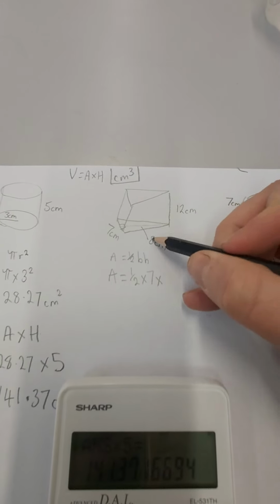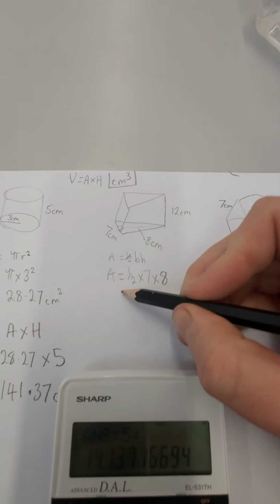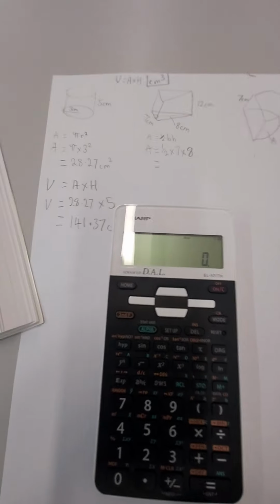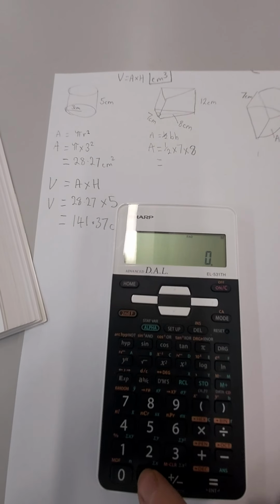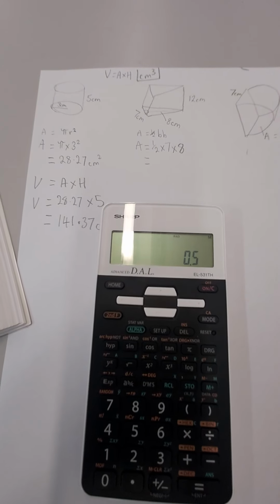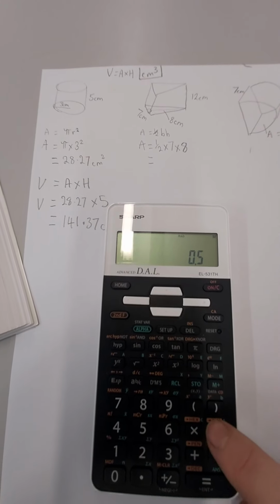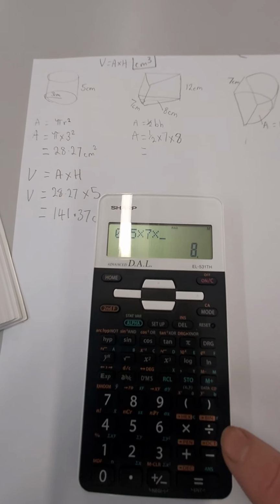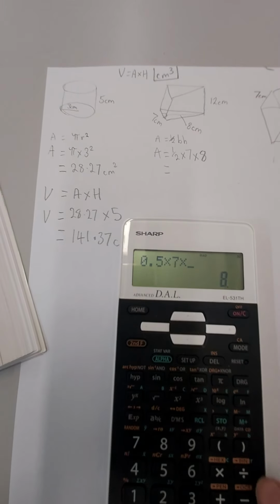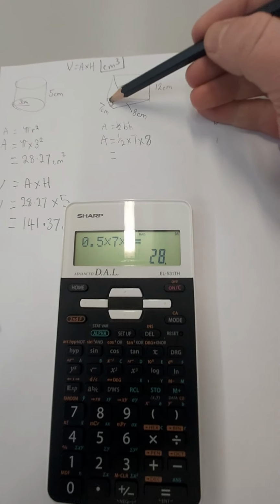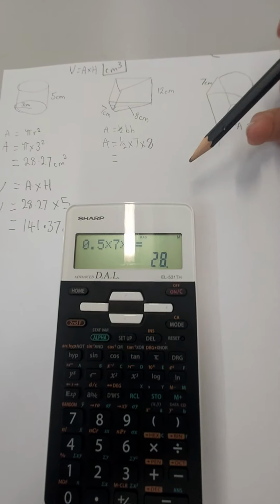And the height of that triangle is 8. And let's put that into our little calculator. So half, obviously that's easiest to write as 0.5. You can obviously write in 1 divided by 2 and get exactly the same answer. So half times 7 times 8 equals 28.